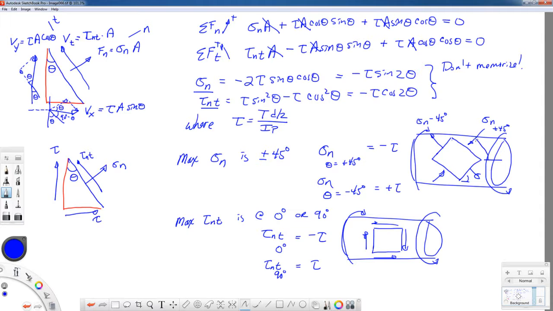Okay, so the angle theta can be measured off this way. So this would be plus 45 degrees. Down this way would be minus 45 degrees. I'm going to redraw those stress states on the next page, and we're going to talk about those in material behavior in a little bit more detail.